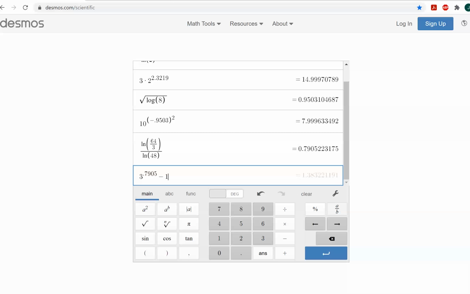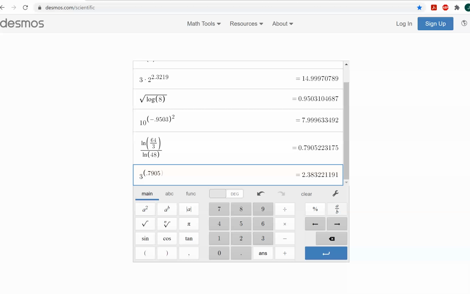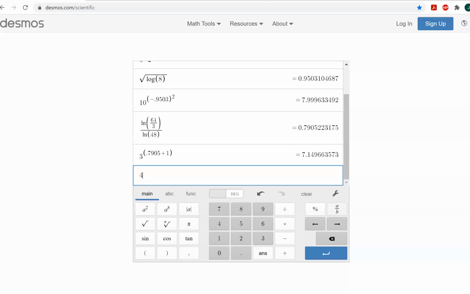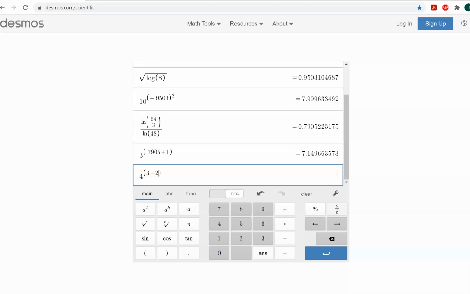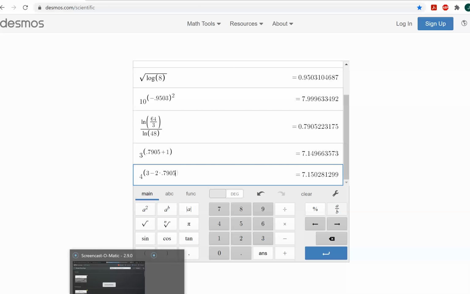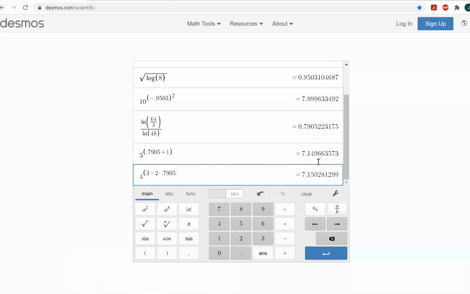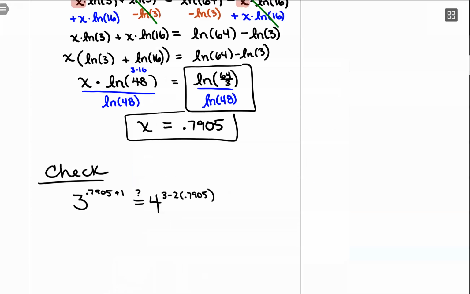And you can see, again, it's going to be a little bit off, but that would round to 7.15 on both sides. So that's close enough with a rounded value there. So that checks out.